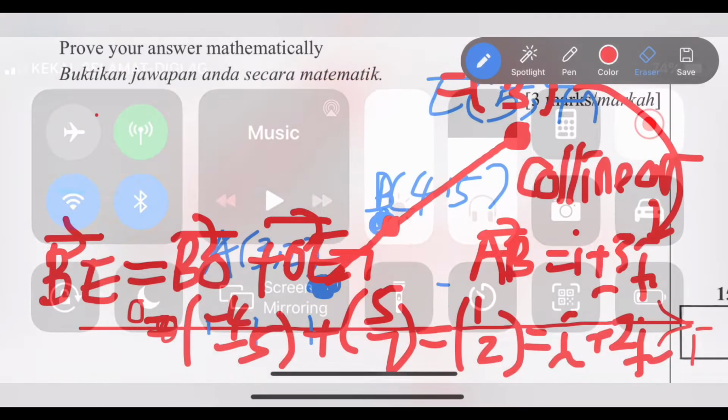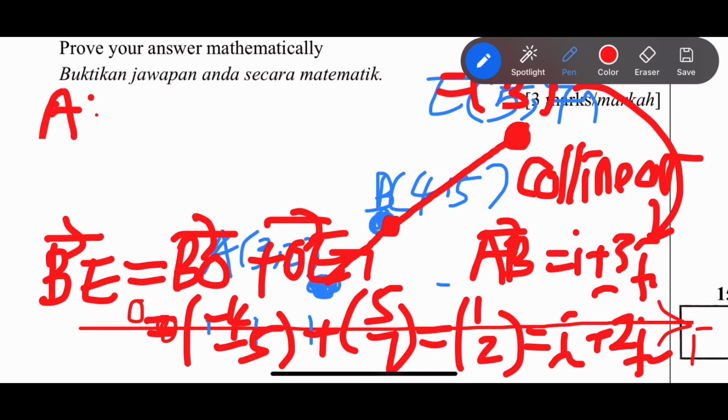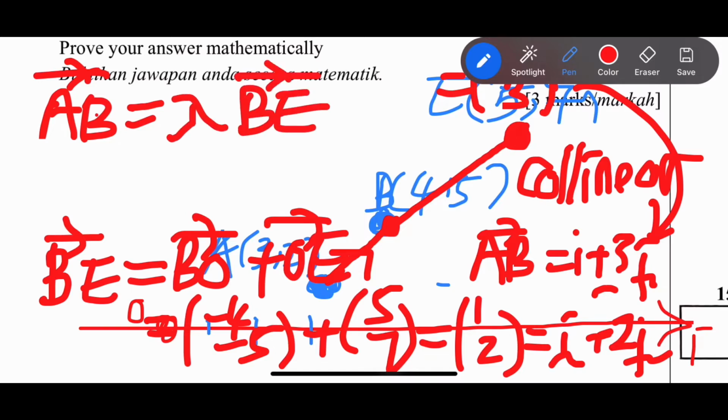Alright, so now after you find the vectors, let's see how to do it. Our vector AB just now, we have to write equal to lambda BE. If you want to find the ratio, you must assign a ratio which is lambda. If you don't like lambda, you can use any constant. So 1, 3 is AB, right?